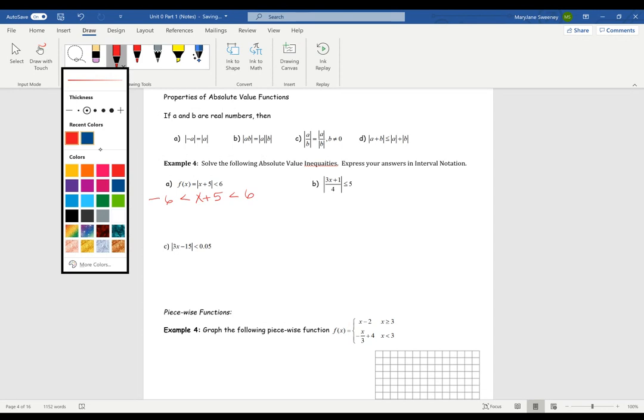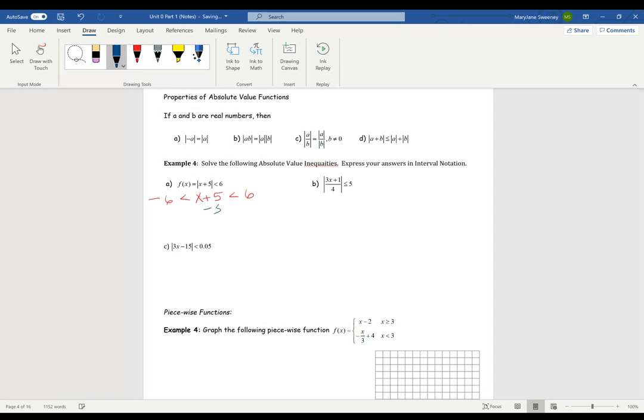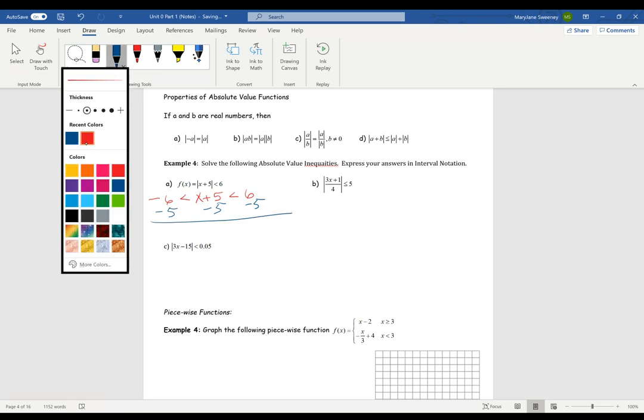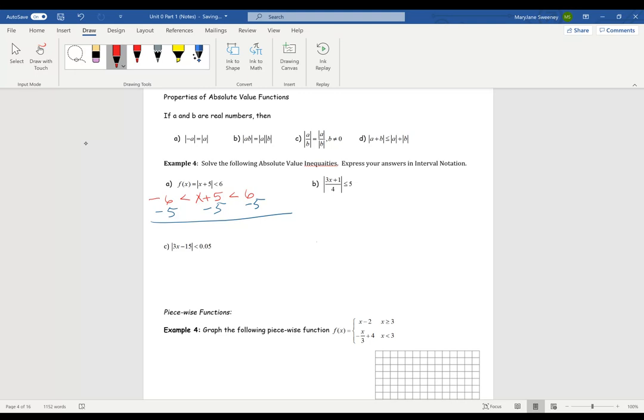So what I would do is I would go minus 5, minus 5, minus 5. So what I'm saying is x plus 5 is greater than negative 6, less than 6. Some people have probably done it in the past where they've put it with the negative or the opposite sign, and then they've switched this around.